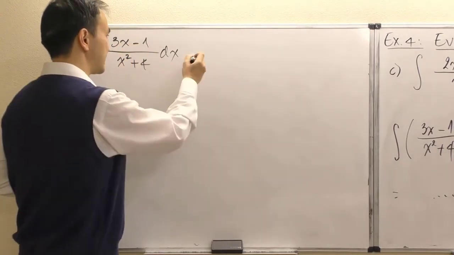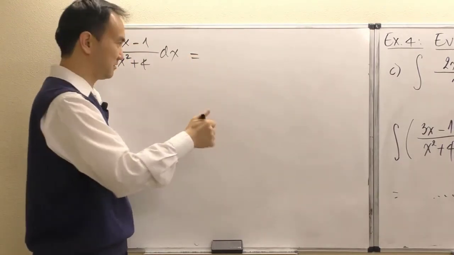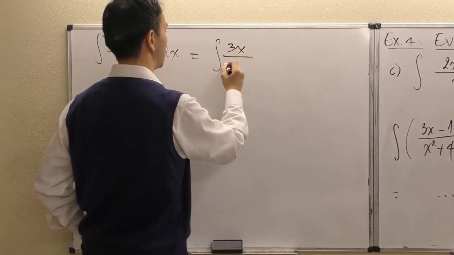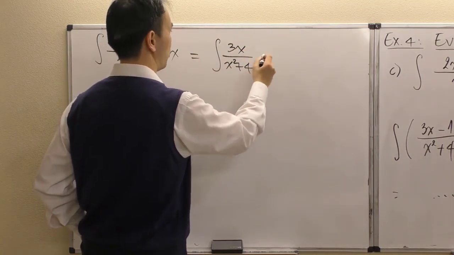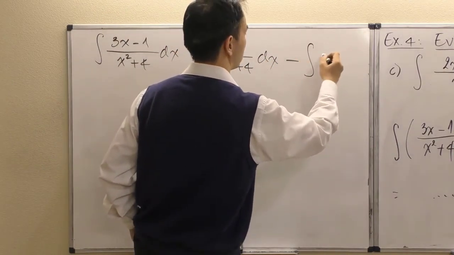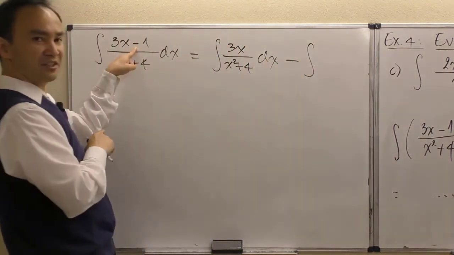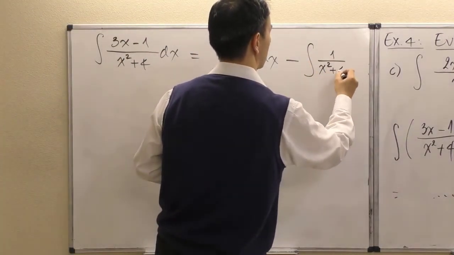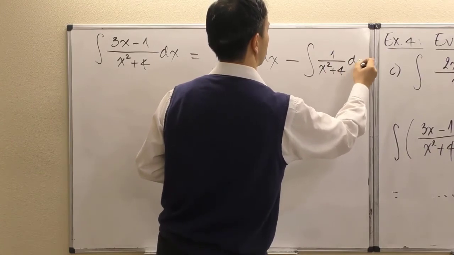So I can separate this down into even further little terms. One of them is 3x over x squared plus 4. That's one fraction. And then minus, because of that minus here, 1 over x squared plus 4 dx.